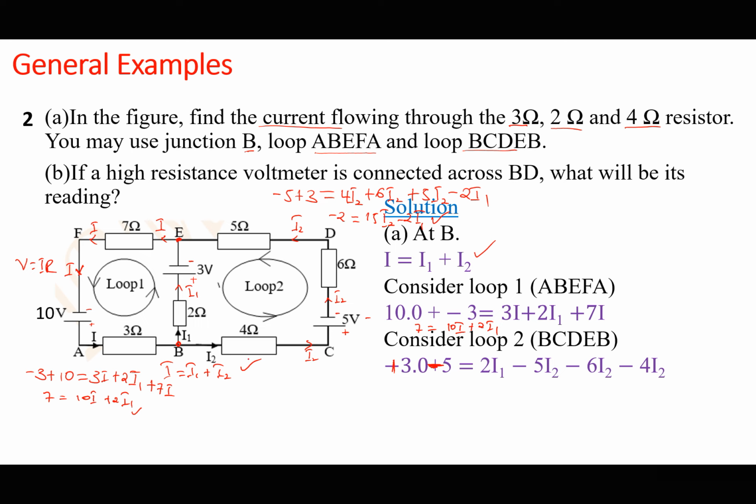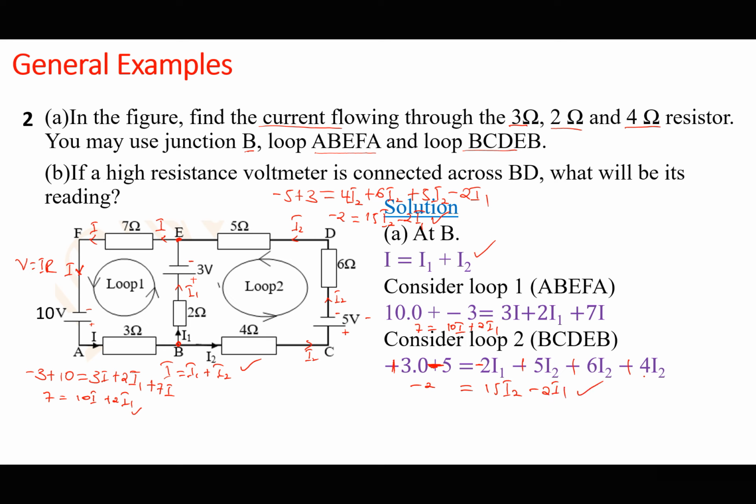So in moving from B to C the PD was positive, C to D the PD was positive, D to E the PD was positive, then this was negative, which when we simplify, gives us negative 2 equaling 15I2 minus 2I1. So this was our second equation.